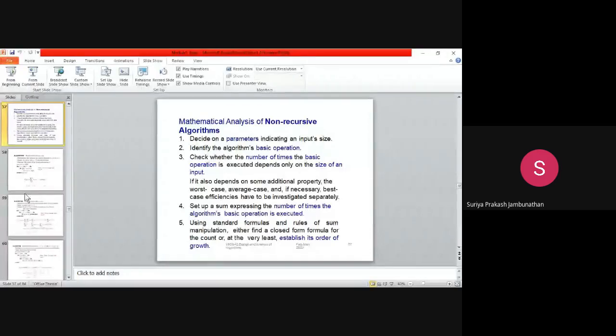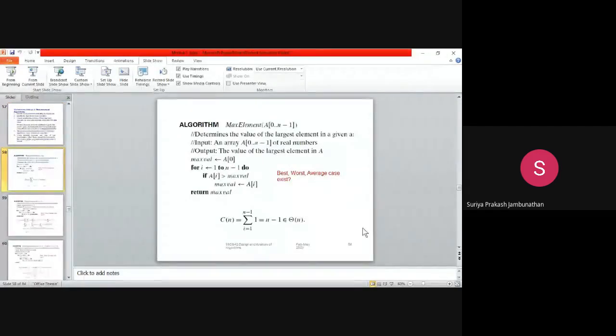So as I told, we will discuss three different non-recursive functions. First, we are dealing with a single array. So this is the algorithm for a single array. Please listen carefully. We are identifying the max element in a particular array, meaning the largest element in the array.